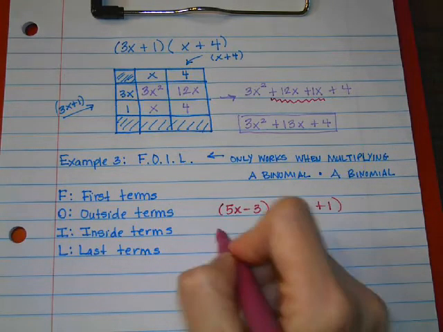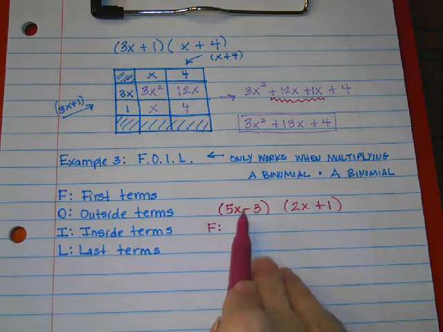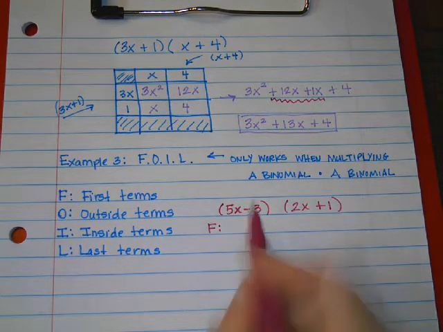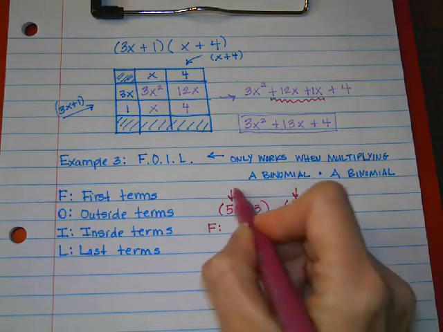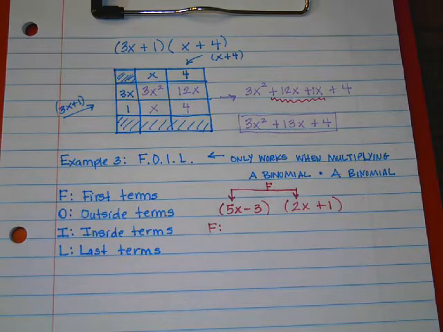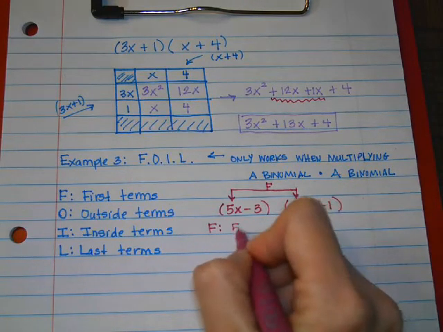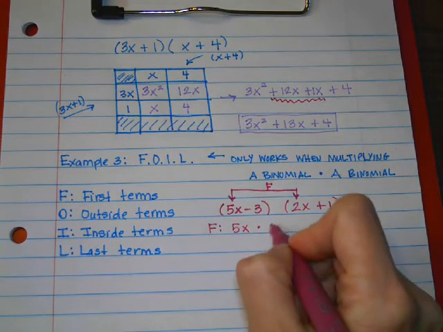So let's start with the F, the first terms. We first have to determine who the first terms are. If we look in this first binomial, who is the first term we see? Right here. That's our first term. If I multiply these two together, these are my first terms. The first term in the first set is 5x, and I'm going to multiply it by the first term in the second set, which is 2x.